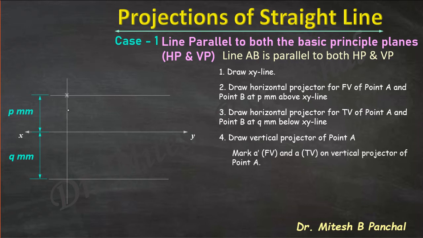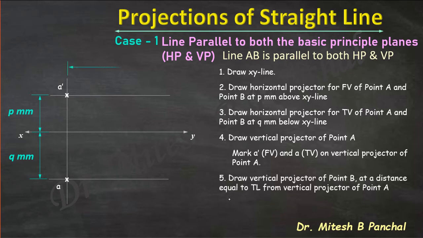Mark A dash at this particular point, and the top view of point A is below XY. Now we know that both the projections will be true length. So draw a vertical projector for point B at a distance equal to true length from the vertical projector of point A.